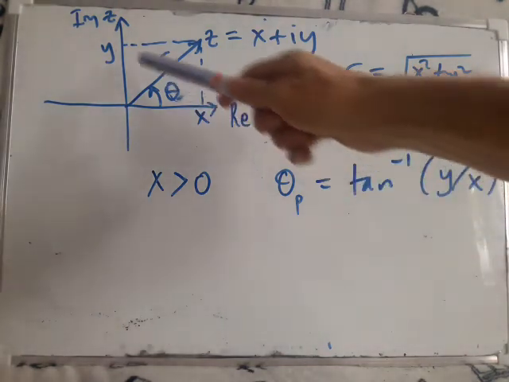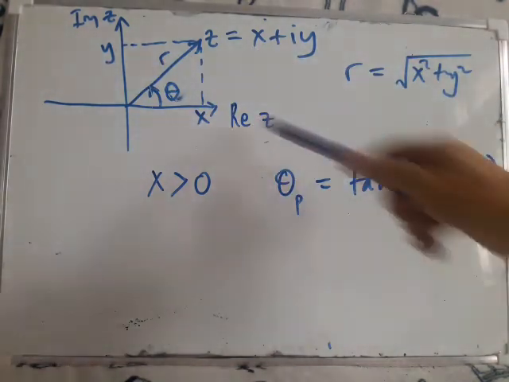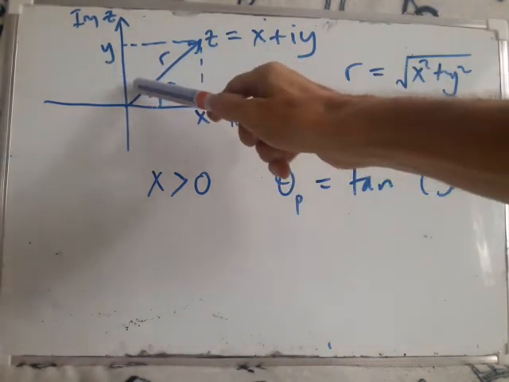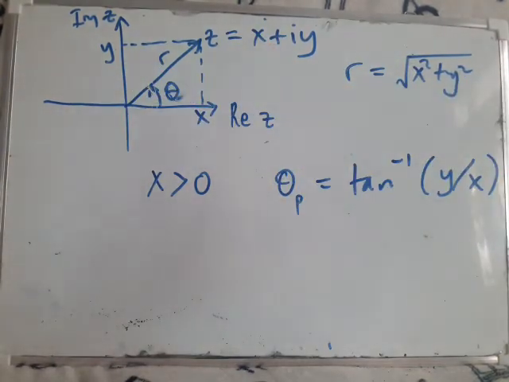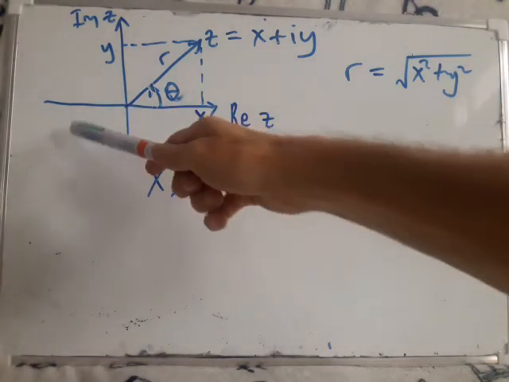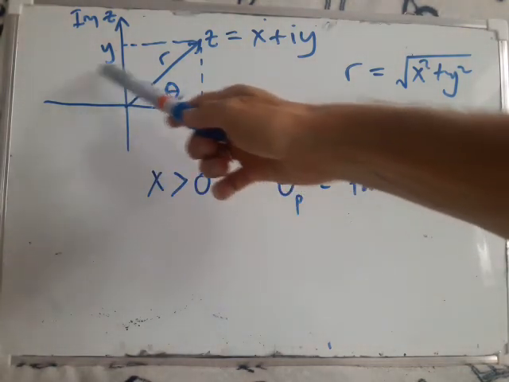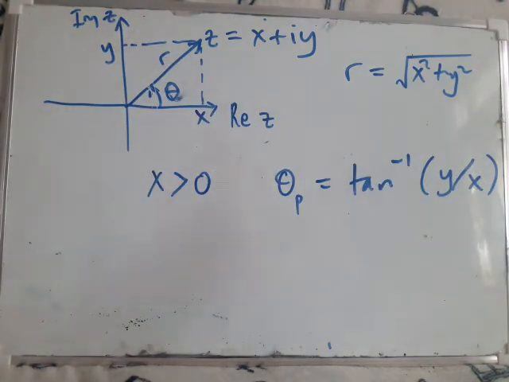So there's no way that we can get an angle using inverse tan outside the value between plus pi by 2 and minus pi by 2. So if we have a complex number where x is less than 0, we have to do a little bit more work to actually work out what the angle theta is.